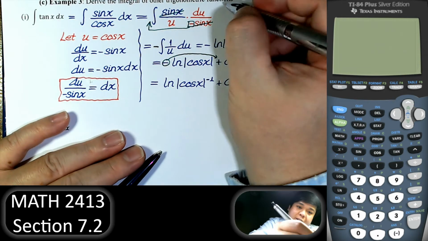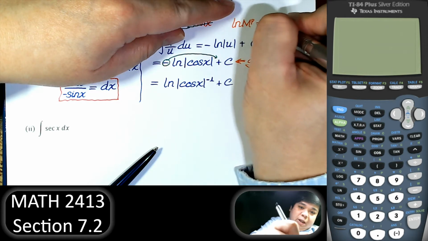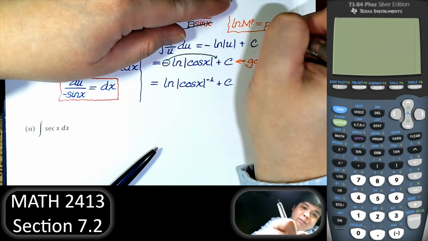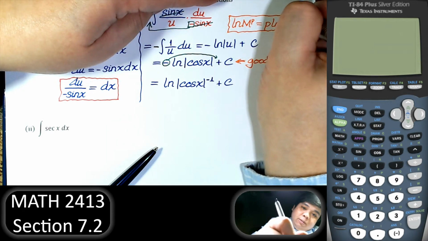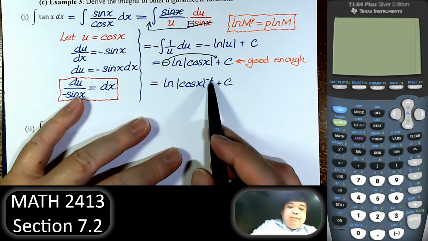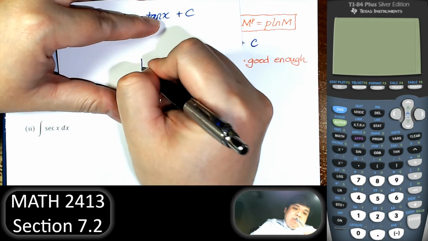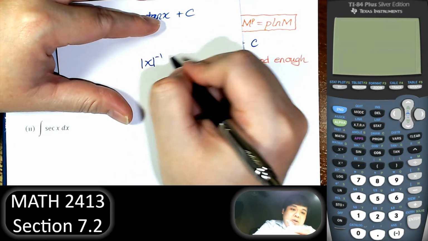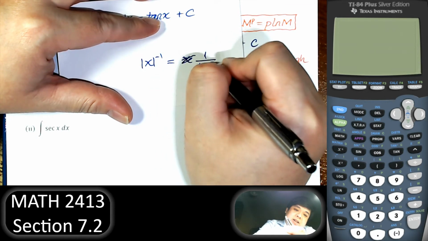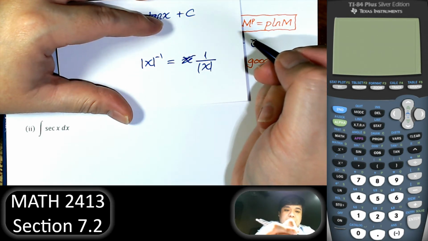Of course, the property: p ln of m equals ln of m to the p. And we can check. Let's say we have x to the negative 1 power. That is the same as 1 over the absolute value of x.